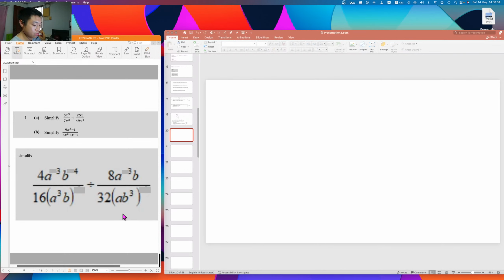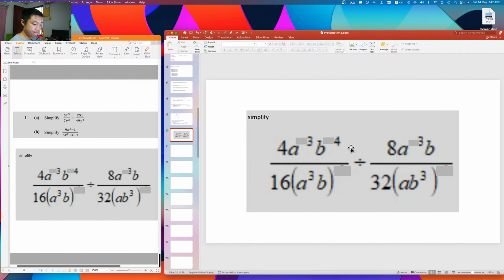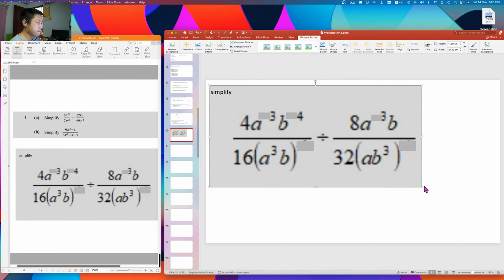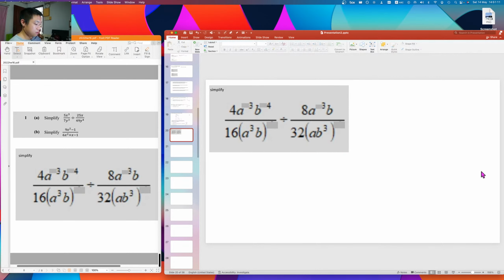No idea how to do it? Answer my question. You have no idea, or what's stopping you? No idea. Okay, then basically you have this fraction and then you divide another fraction.